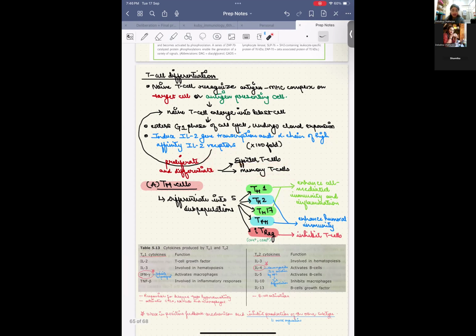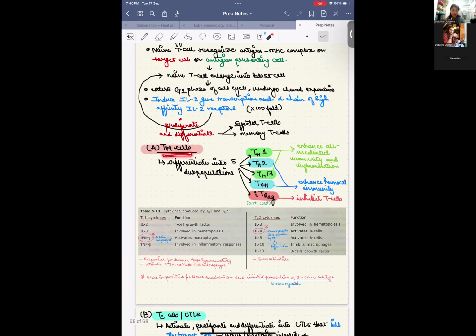Now the T helper cells, coming to T helper cells only, they can differentiate into 5 subpopulations. TH1, TH2, these two remain the major highlight of discussion since a long time. Initially the classifications were only TH1 and TH2 cell types. Eventually people discovered that we also have other T helper cell subtypes, which are TH17, follicular T cells and regulatory T cells.